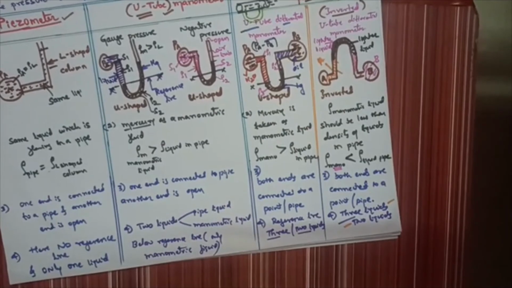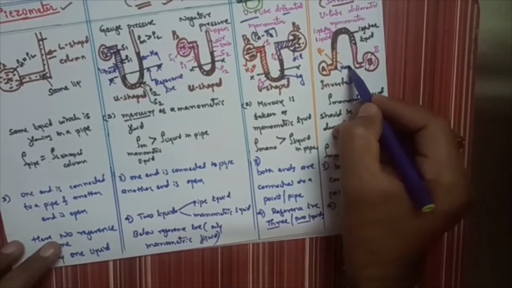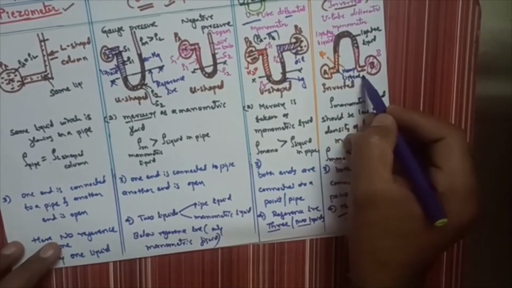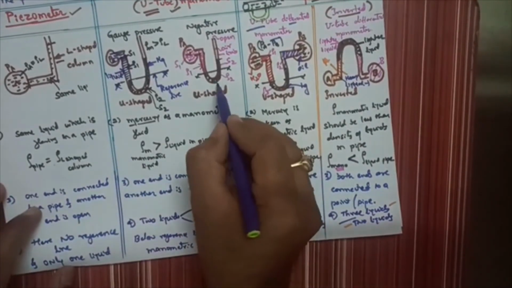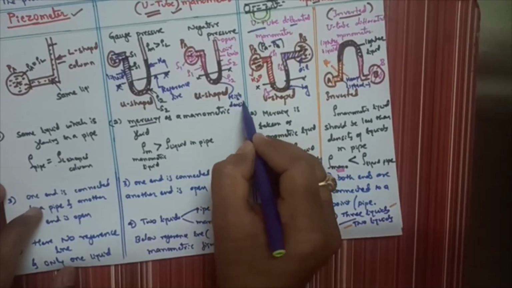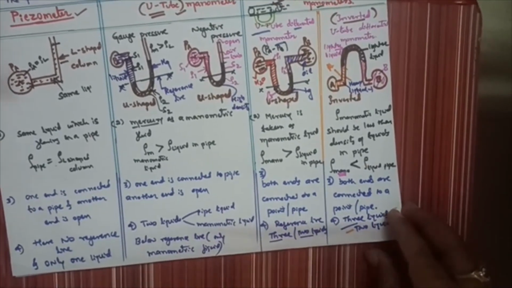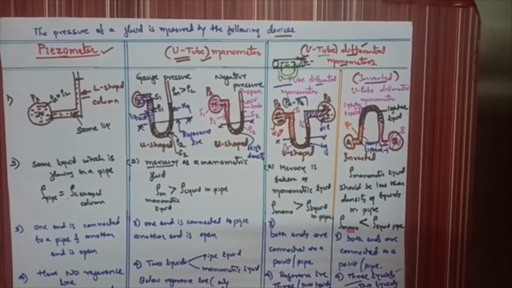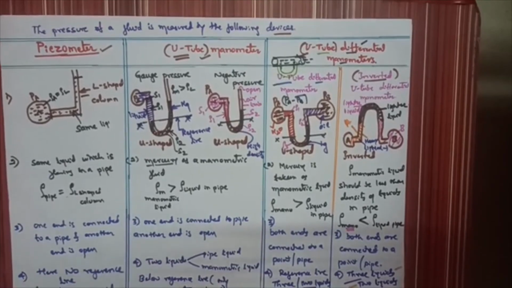And in the pipes there must be heavy liquids, meaning denser liquids, high density fluids. Almost all manometers use liquids only, depending upon the applications. Okay, so these are the differences between the different manometers.